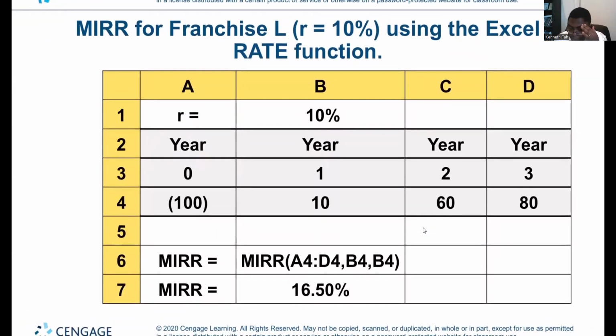All right, so if we come back to Project L, franchise L, the rate is given as 10%. Then we have this initial cash flow, 100,000, and year 1 through year 3: 10,000, 60,000, 80,000. We can calculate the modified internal rate of return in Excel by typing equals MIRR, and that is going to give us the answer easily.